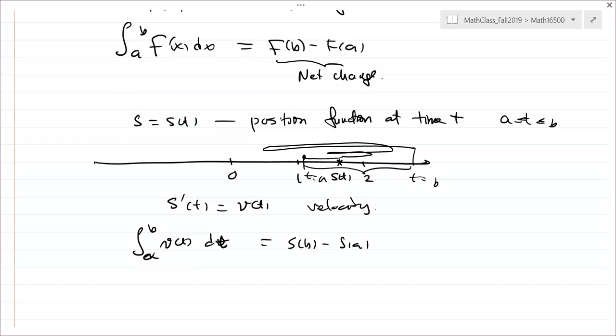Then you just look at the initial position and the final position and take the difference. This is the term on the right hand side. On the left hand side, at any given time t, you have velocity, and the integral of velocity gives the net change in position. It could even be back at the original point.